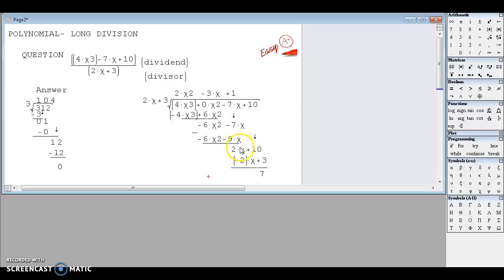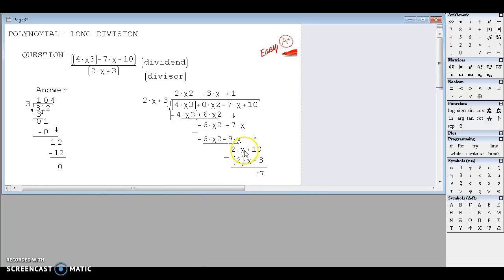Then when we have this positive 2x, we say 2x into 2x, and we know that is 1 time. Then you do the same thing. 1 times 2x gives us a positive 2x.